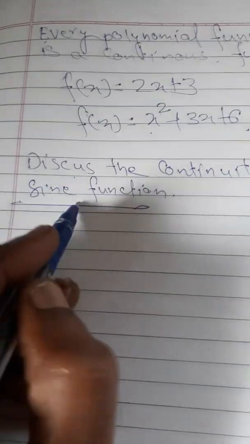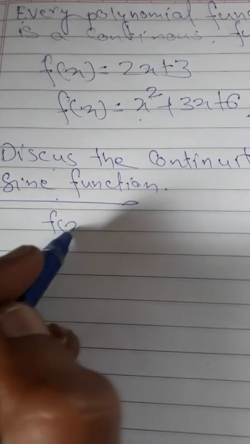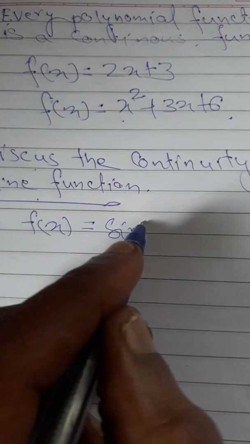Now the sine function is defined for all the values of theta, and here instead of theta I will be taking it as x. So f of x equals sine x.